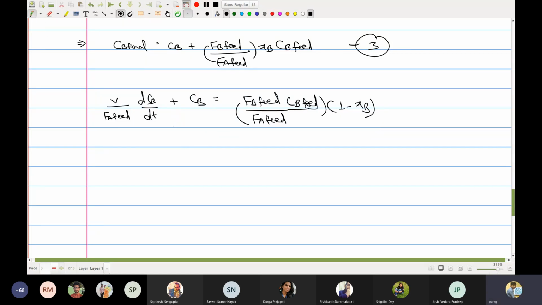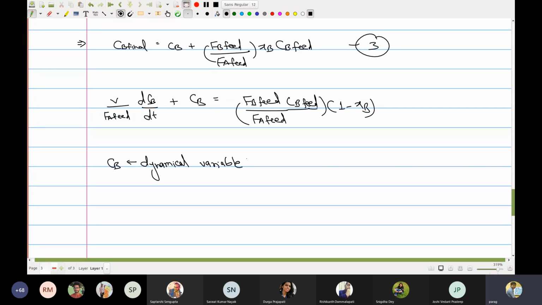Now let me identify certain variables. Since I have dCB by dt, obviously CB is my dynamical variable.